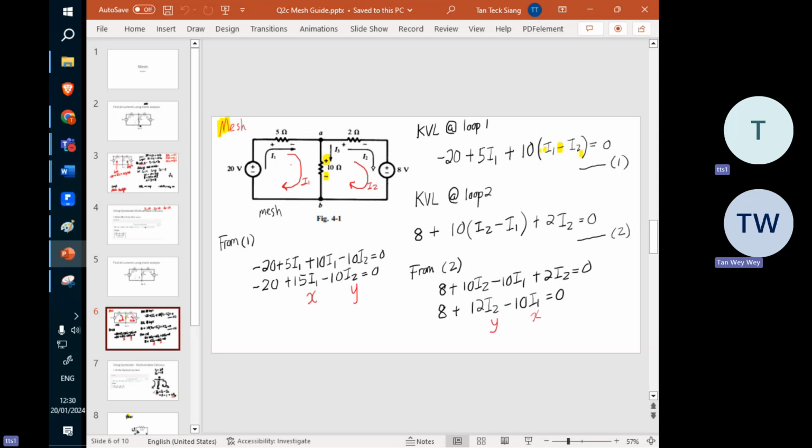If you follow I2, I1 is in the opposite direction, so I1 must be a negative value. And then you plus 2 I2. So you have 2 equations and 2 unknowns. Then you can use mathematics to solve the simultaneous equations.